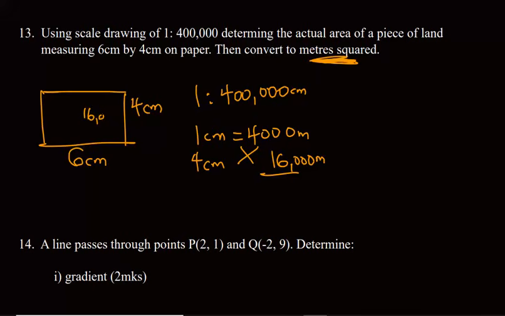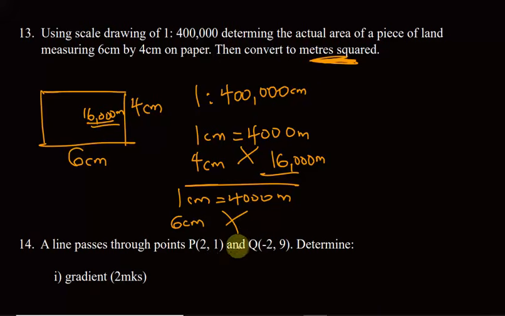This is 16,000 for the width, and for the length, we use the same scale, 1 centimeter, 4,000 meters. What about 6 centimeter? When you cross multiply, you'll just take 4,000 times 6, which is 24,000 meters. So this will be 24,000 meters. This is 16,000.